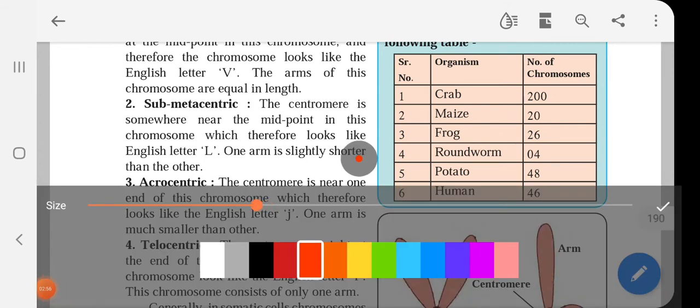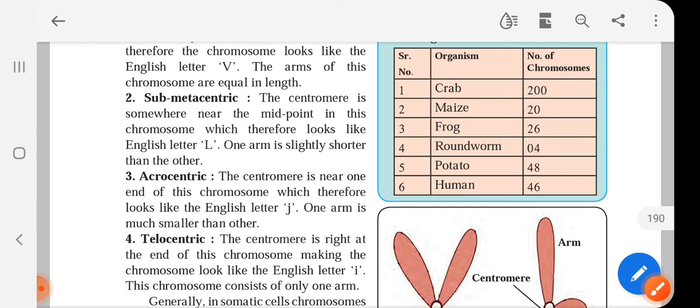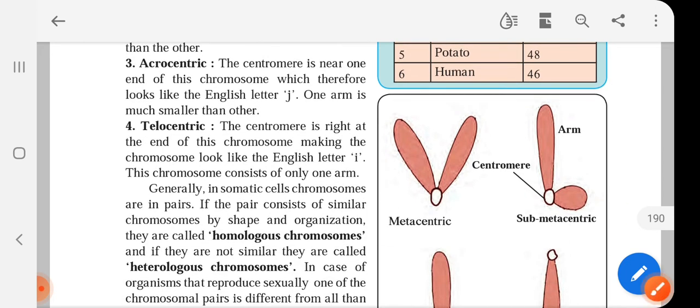In the submetacentric chromosome, the centromere is somewhere near the midpoint, which therefore looks like the English letter L. One arm is slightly shorter than the other. Okay, so it looks like L. You can see here the submetacentric chromosome, it looks like L.